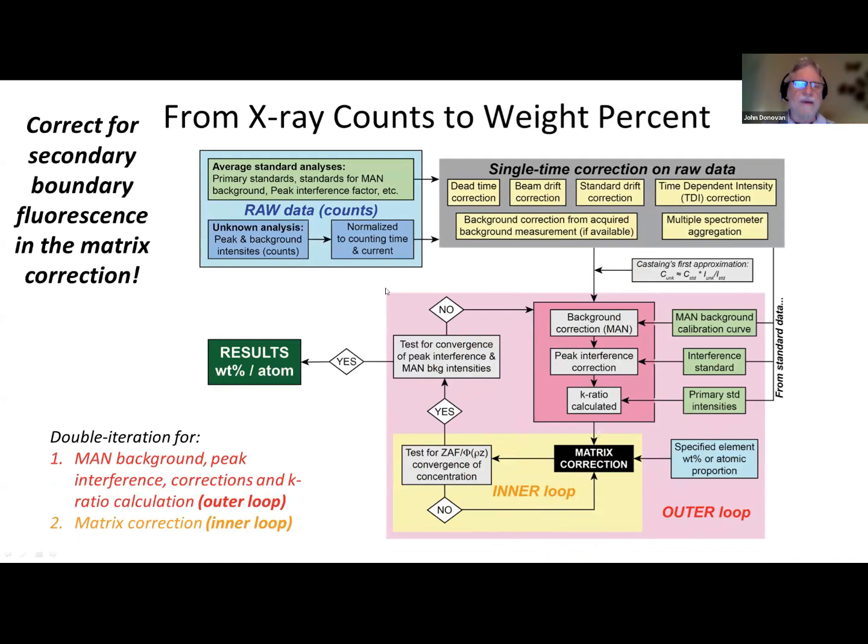And the secondary boundary fluorescence correction very much depends on the composition of not only the beam incident phase, but also the boundary phase. So we're going to include it there. Although if it's a very small amount of secondary fluorescence, you can just subtract it in an Excel spreadsheet. But if you're getting weight percent levels of boundary fluorescence, then you want to include it in the matrix correction. That's the critical point there.